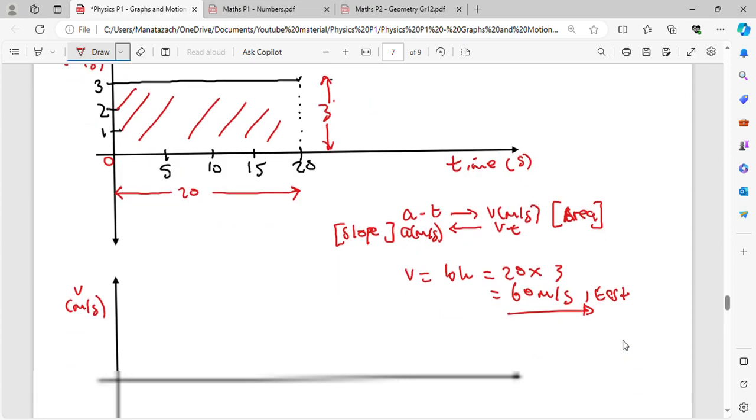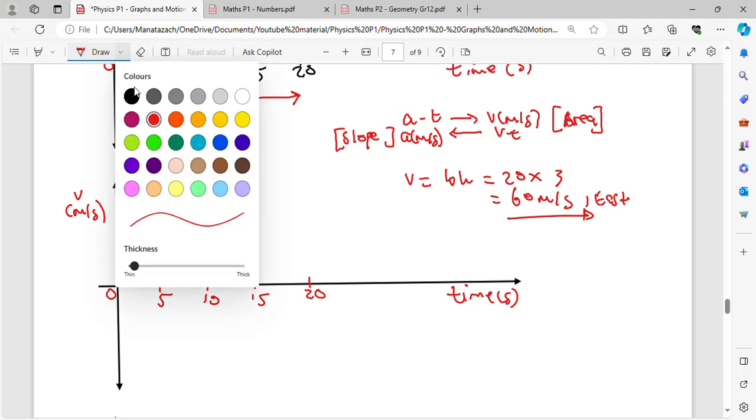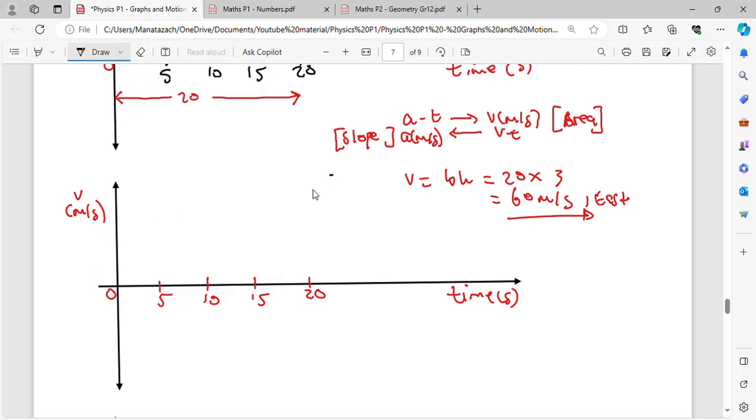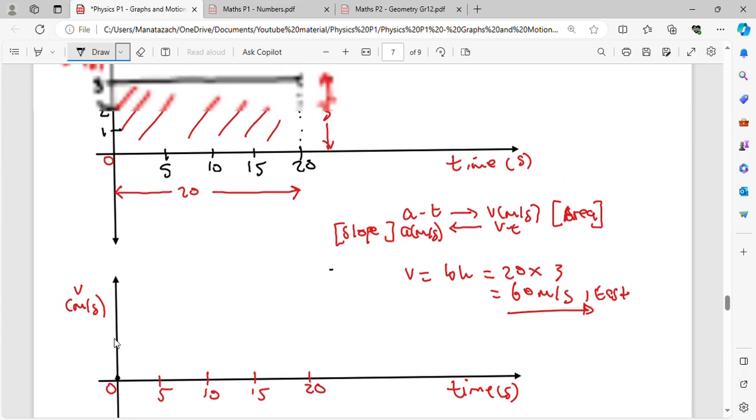Okay, so let's plot the velocity time graph. The graph will look something like this: initially, since the object is starting from rest, the velocity will be 0. It will start at 0. Then after 20 seconds, it will have reached 60 meters per second.